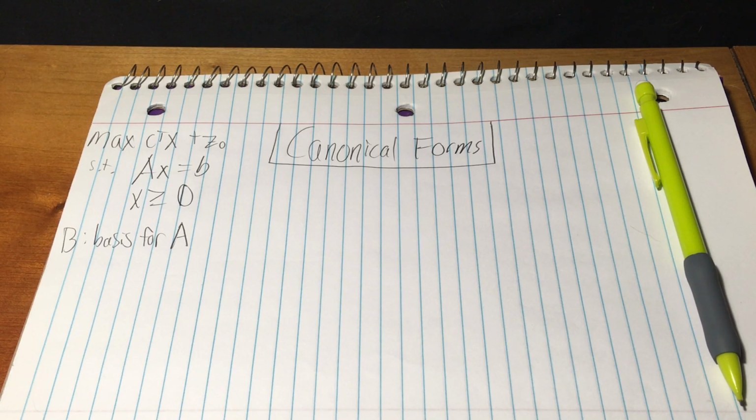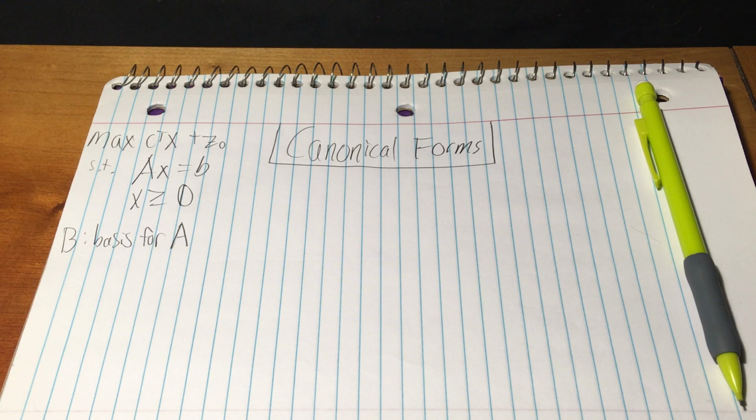So welcome to this next video in linear programming. This video is on canonical forms. At the end of the previous video, we were talking about basic solutions and how if the system AX equals B has a solution, then for a given basis, it has a unique basic solution.